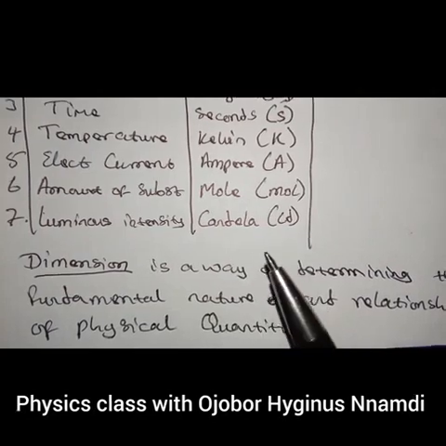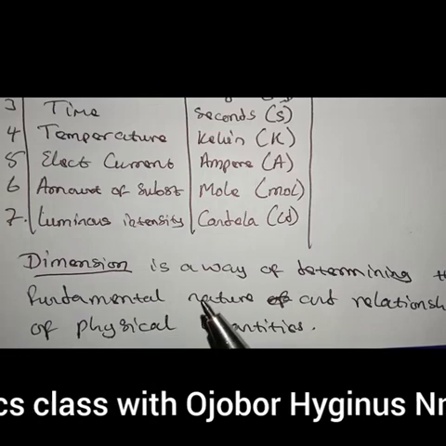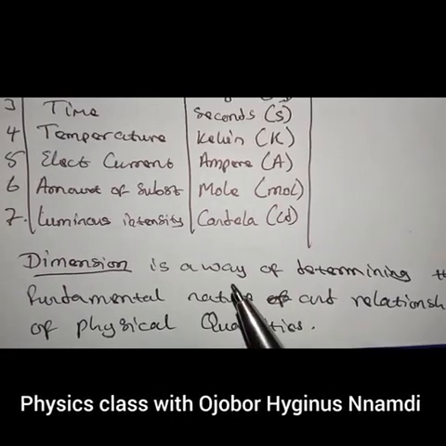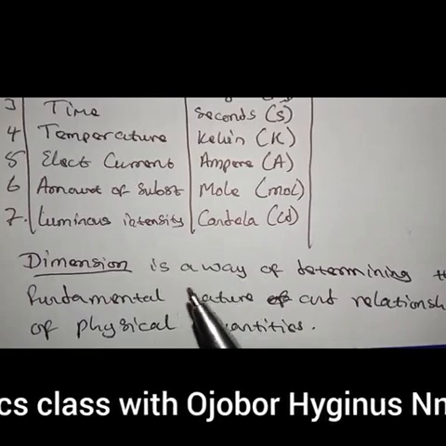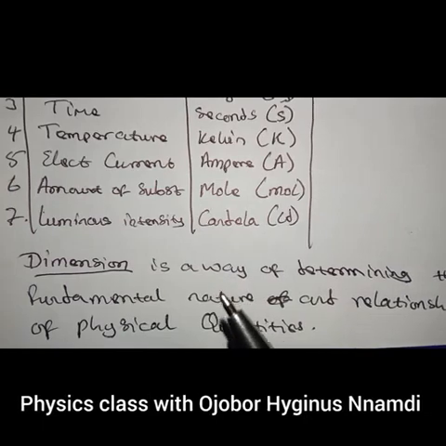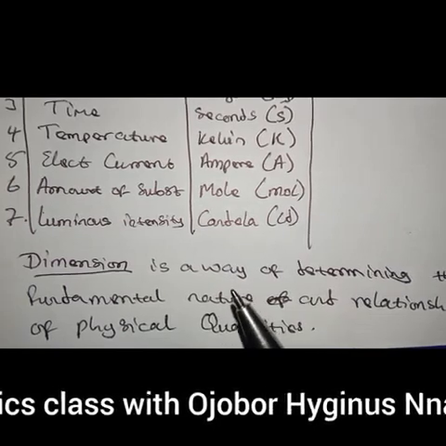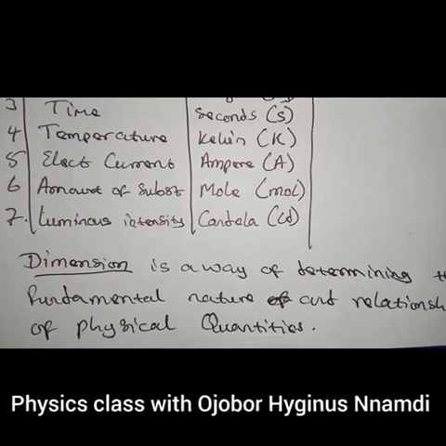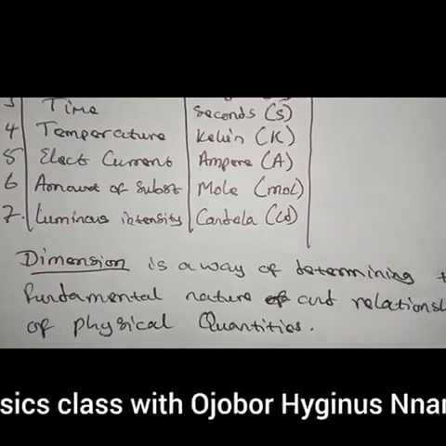We use dimension to simplify equations. We can also use dimension to identify relationships between quantities. Two quantities might have different names and different formulas, but when you break them down into their basic dimensions, you will realize that these quantities are the same.